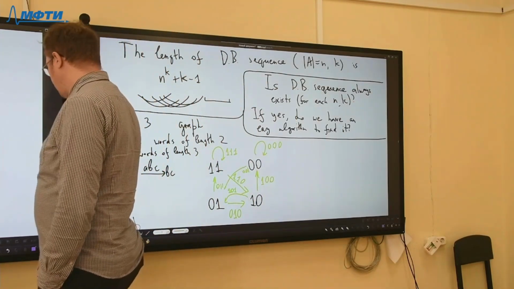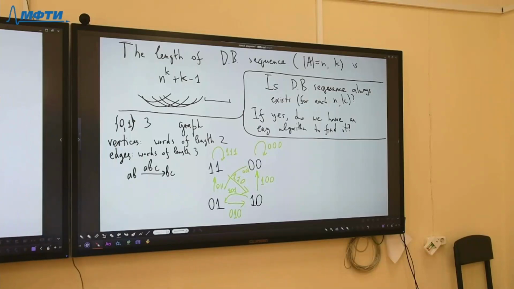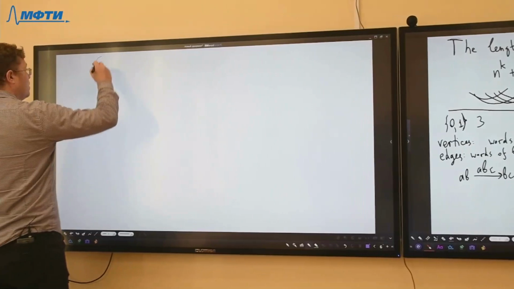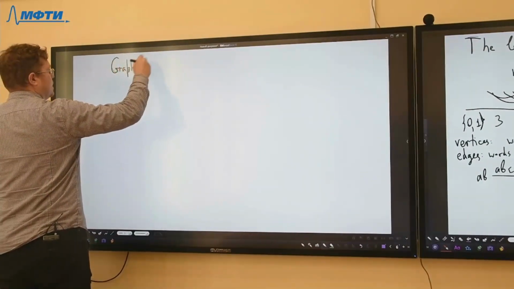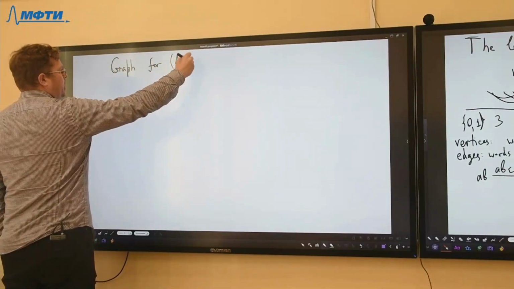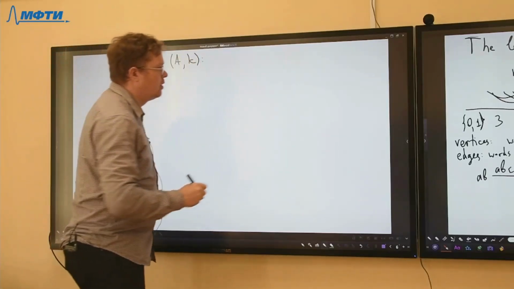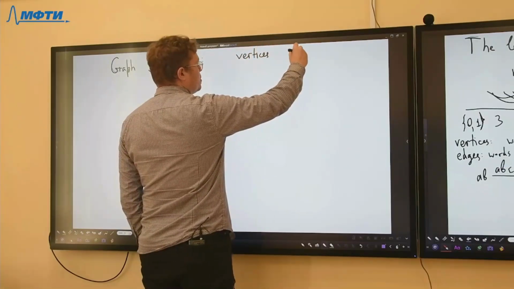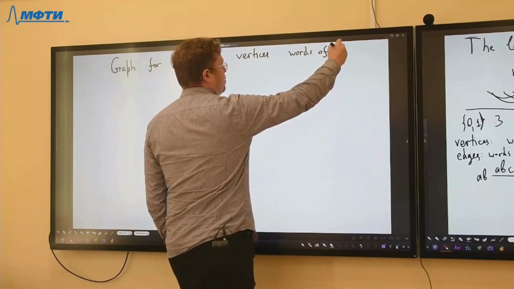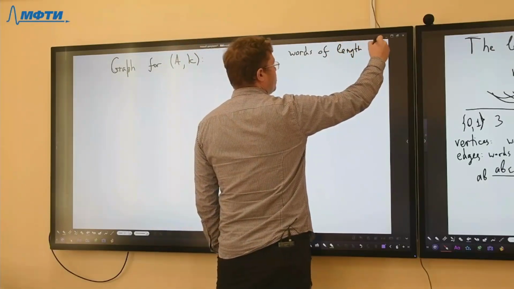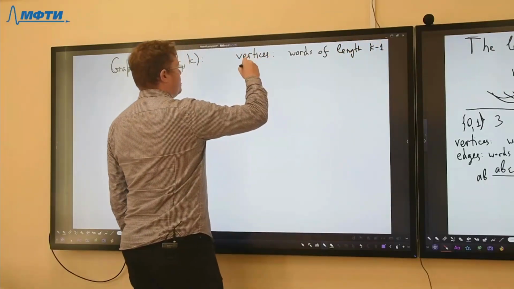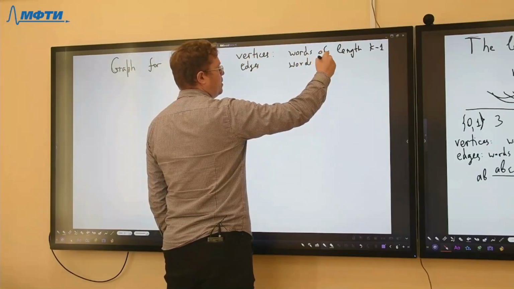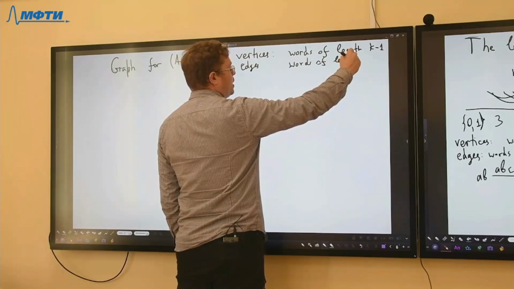But in the arbitrary situation, the graph for arbitrary a and k will contain, as vertices, words of length k minus 1, and as edges, words of length k.